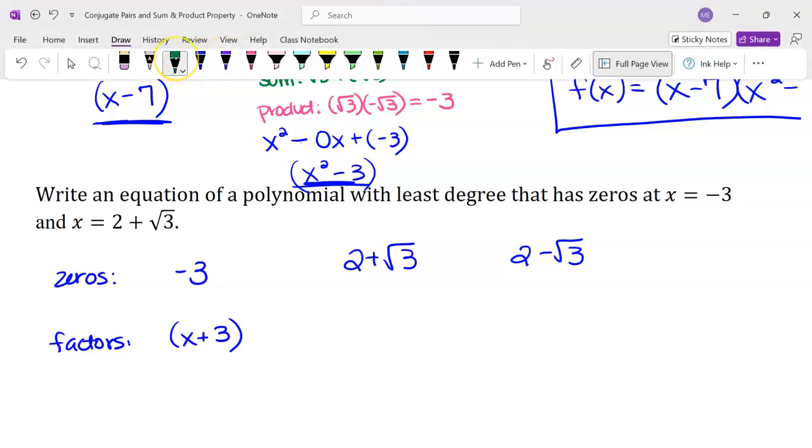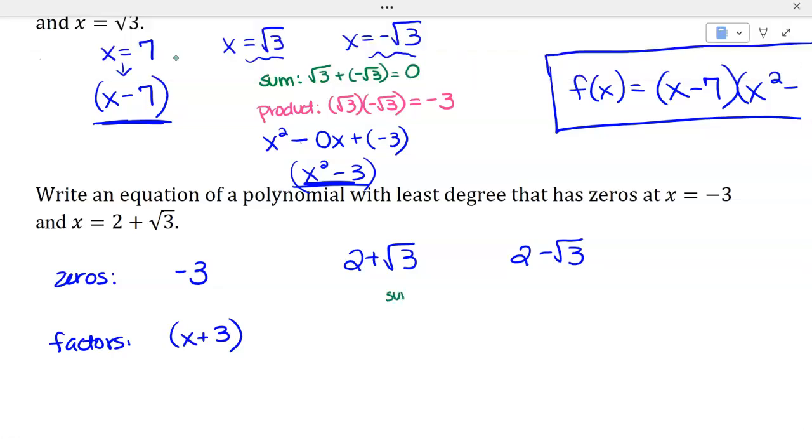And we can use sum and product to come up with what I call the mega factor. So the sum of these two zeros is going to be 2 plus the square root of 3 plus 2 minus the square root of 3. And it's kind of nice because those square roots cancel each other out, and we're just left with 4 for the sum.